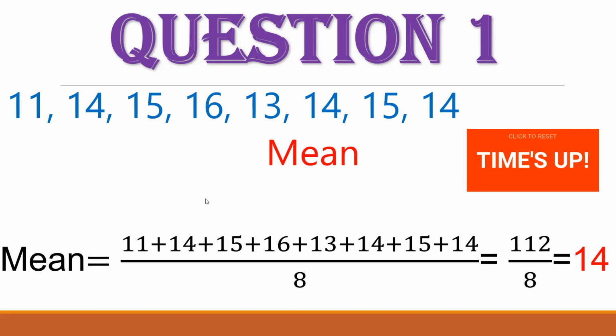It was 3 in the example, but now it is 8, because we have 8 numbers now: 1, 2, 3, 4, 5, 6, 7, and 8. Because of that, divide by 8. When you add them all you get 112, and over 8, our answer is 14.